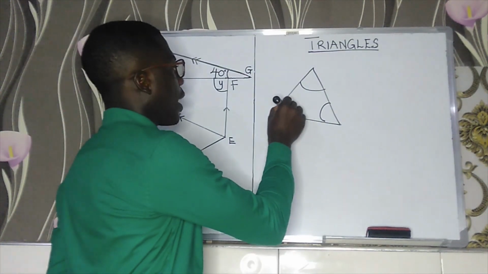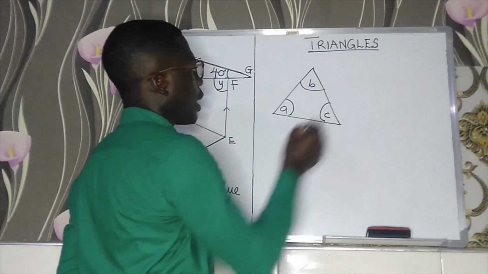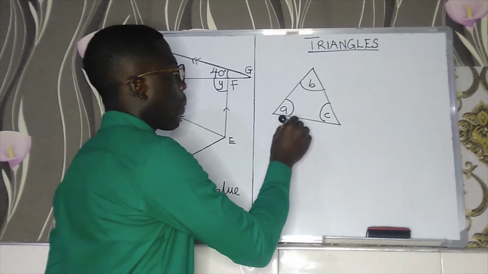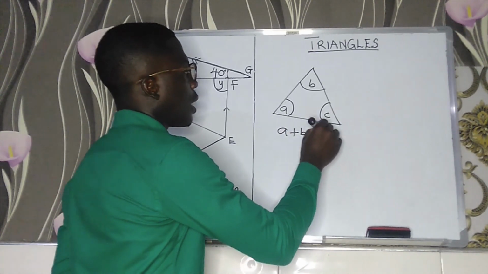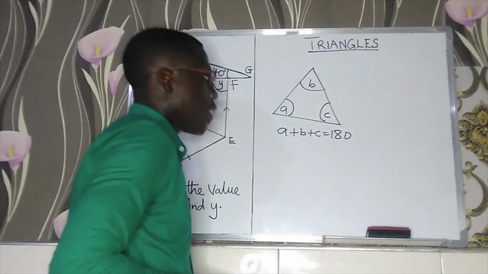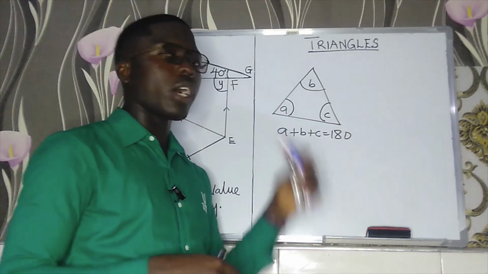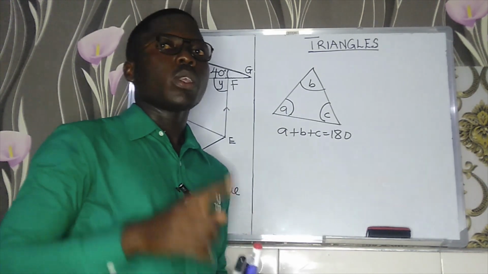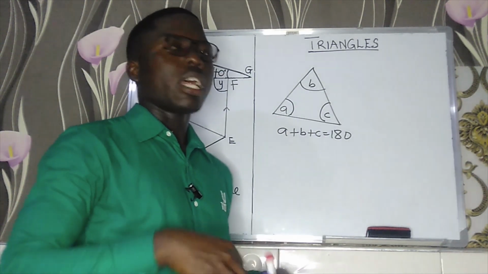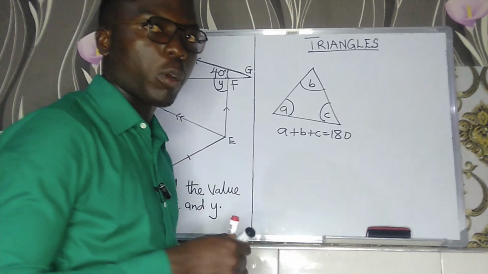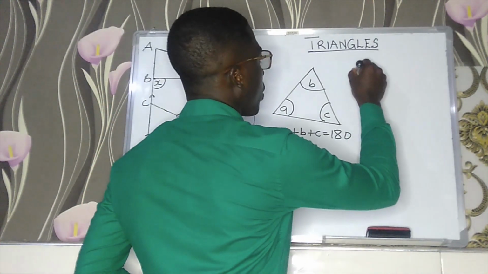So if I have A here, B here, and C here, then we are saying that A plus B plus C equals 180. So all triangles, their interior angles sum up to 180. Now let's move on to the second general property of triangles.